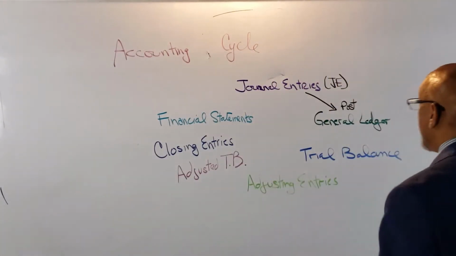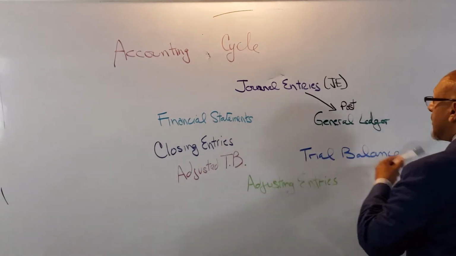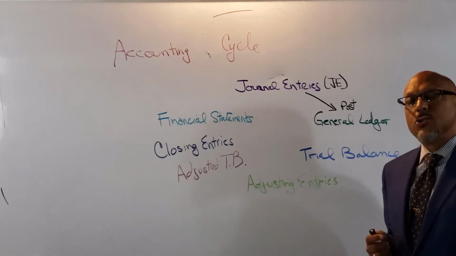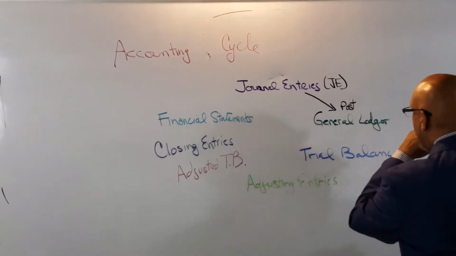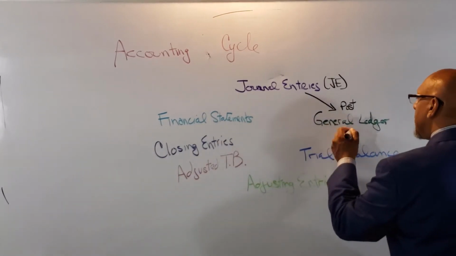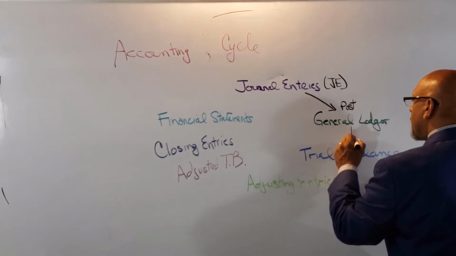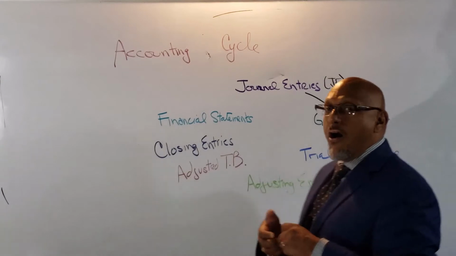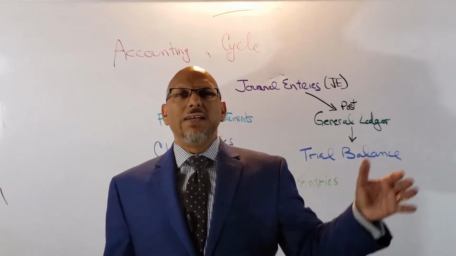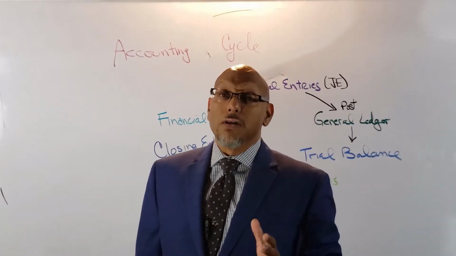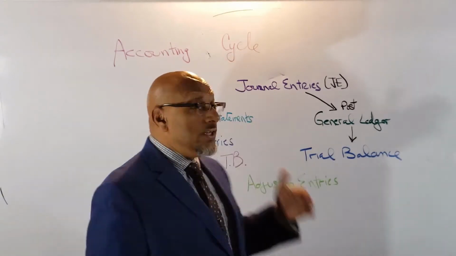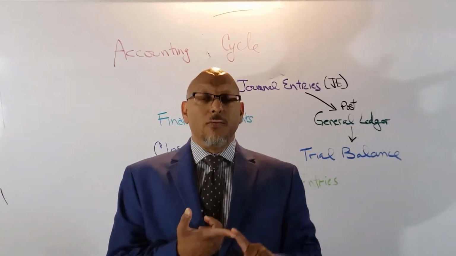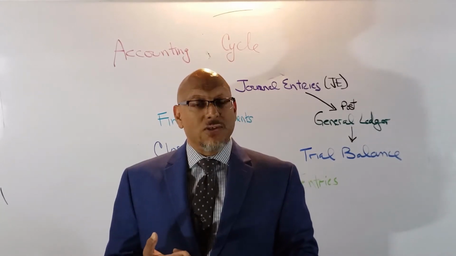Now, we take all the ledgers and the balances of all the ledgers, much like a T balance or a T foot, we use the general ledger balance, and from the general ledger we create what's called a trial balance. Now this trial balance makes sure that all debits and all credits in that time period equal, because remember the 5 steps, one of the steps is what account is debited, which account is credited.